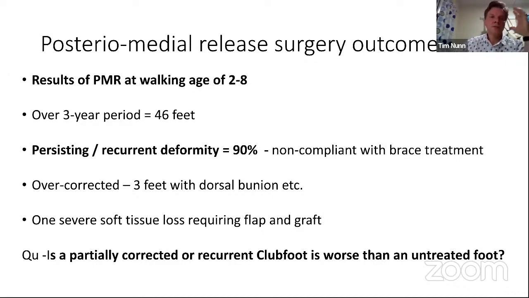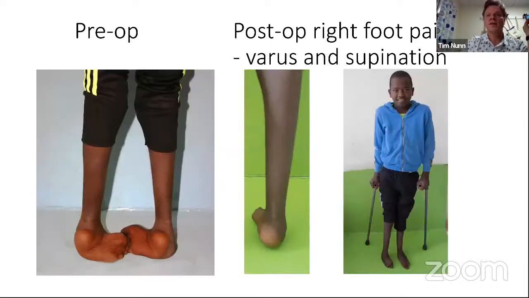The question came to me: is a partially corrected or a recurrent clubfoot following treatment worse than an untreated foot? I just want to share these pictures here. It's a boy whose right foot has had treatment, and you can see that he's weight bearing on the lateral edge.